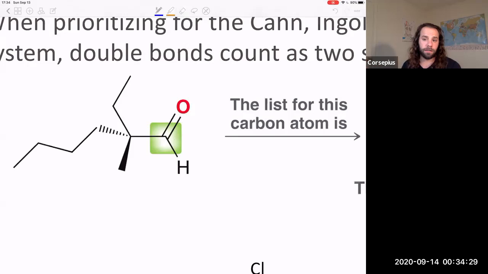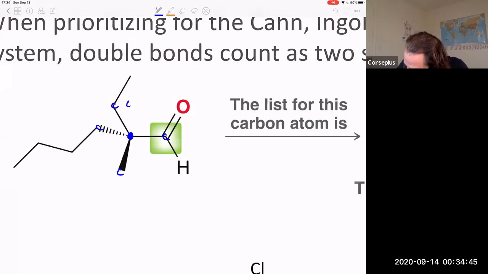Where's my stereo center? Hopefully you guys have identified that. Boom. Okay, and now I have carbon, carbon, carbon. So to a first approximation, it's all a tie. Then I'm going to look at what those carbons are bound to.